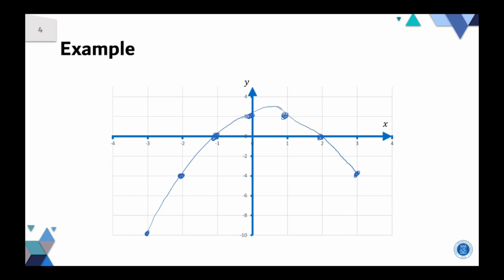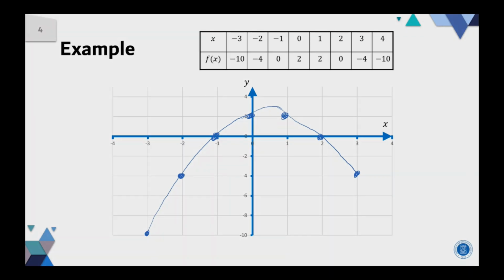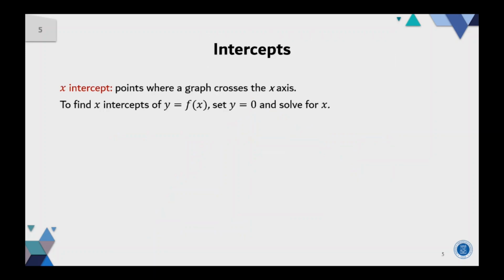So, like I said before, sometimes there are important points that we can include in the list of points to sketch the graph, right? So here are some of the important points, what we call the intercepts. There are two kinds of intercepts. The first one is the x-intercept and the second one is the y-intercept.